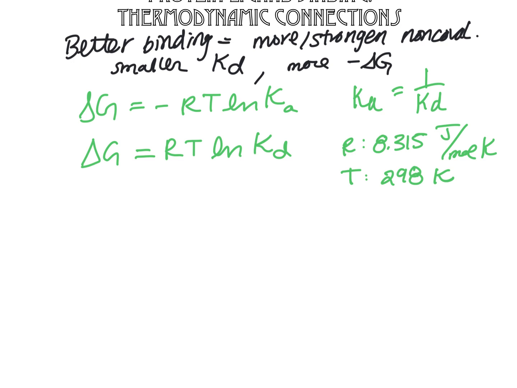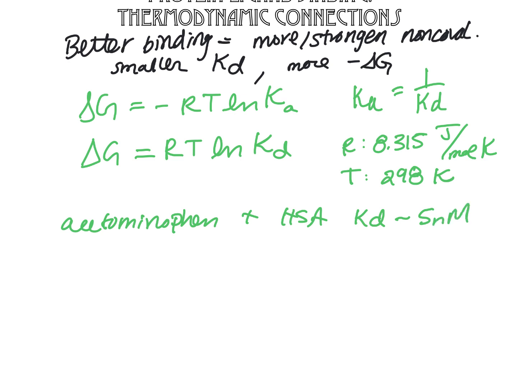We had acetaminophen plus human serum albumin, and that KD, just from the graph from before, was about 5 nanomolar. And then we had ibuprofen plus human serum albumin, and that KD, again from before, was about 2.